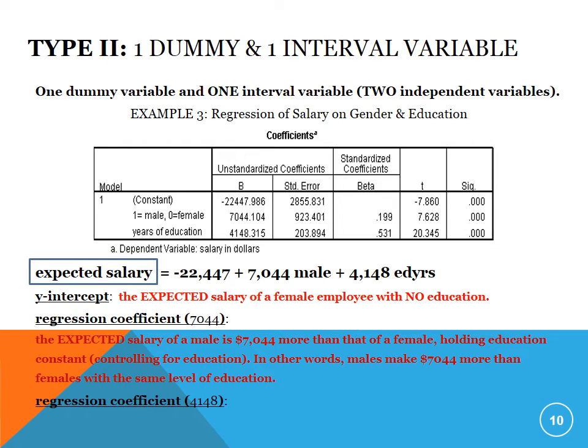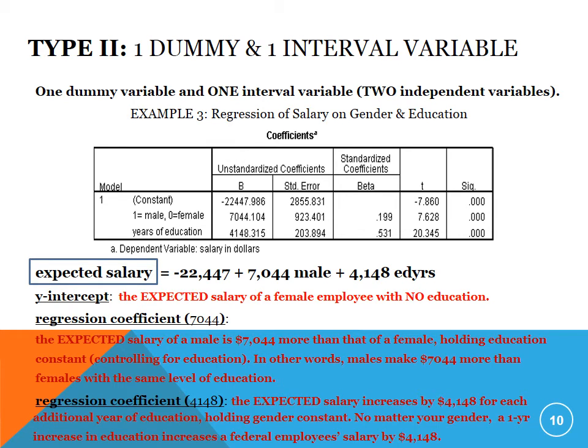So let's try it for the years of education at 4148. All right, so hopefully you said that the expected salary increases by $4,148 for each additional year of education. Again, let's not forget to hold gender constant, right?